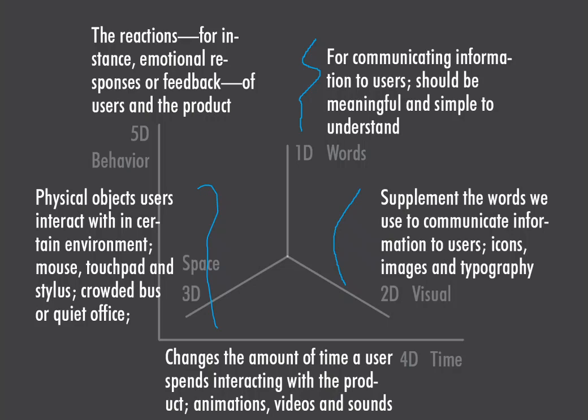The design should be easy and usable in a crowded bus or a quiet office. For example, the bus routing application's buttons should be bigger or closer to thumbs on smartphones, because people would be using the bus app outside when walking or even running.